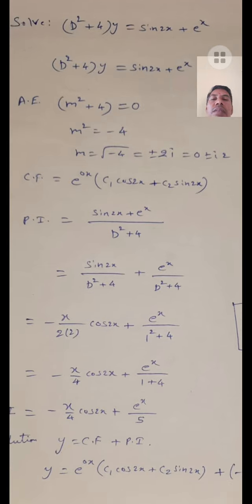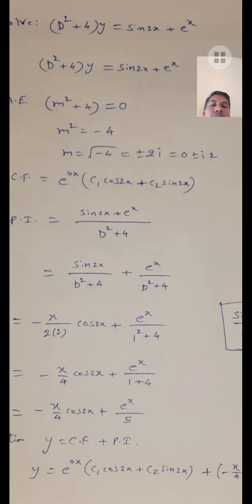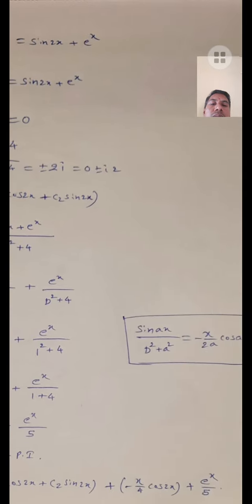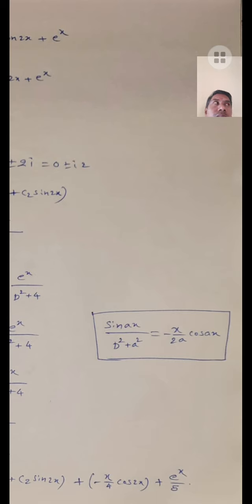So split the denominator for each term. For sin ax, here we are getting 0 if we substitute minus 2 square. So we have to use another formula: sin ax by D square plus a square equals minus x by 2a cos ax.